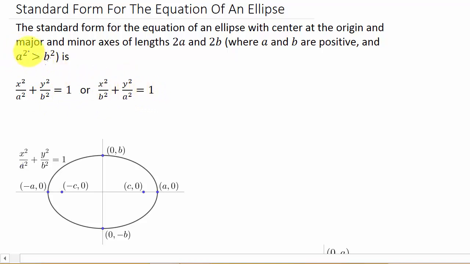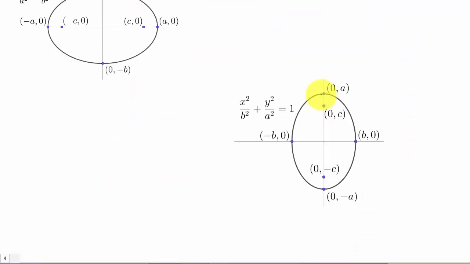Now notice a squared, the larger number, here it's under the x squared term, and over here it's under the y squared term. So what's the difference? Well, if it's under the x squared term, your major axis is going to be horizontal. If the a squared is under the y squared, your major axis is going to be vertical.